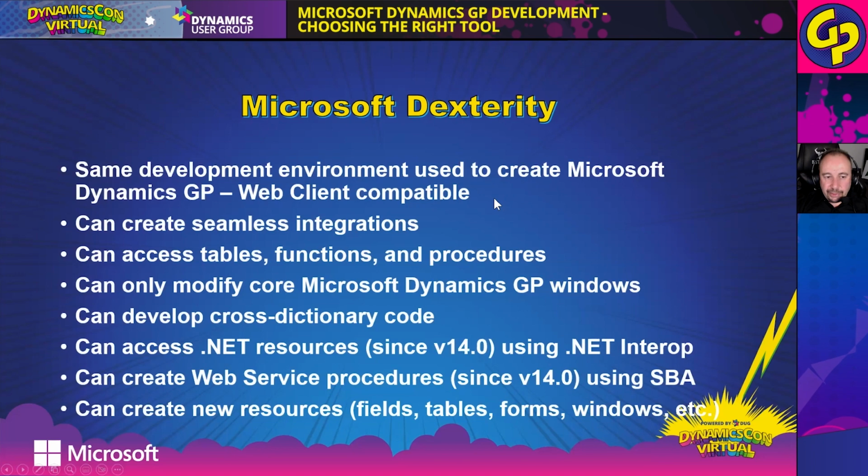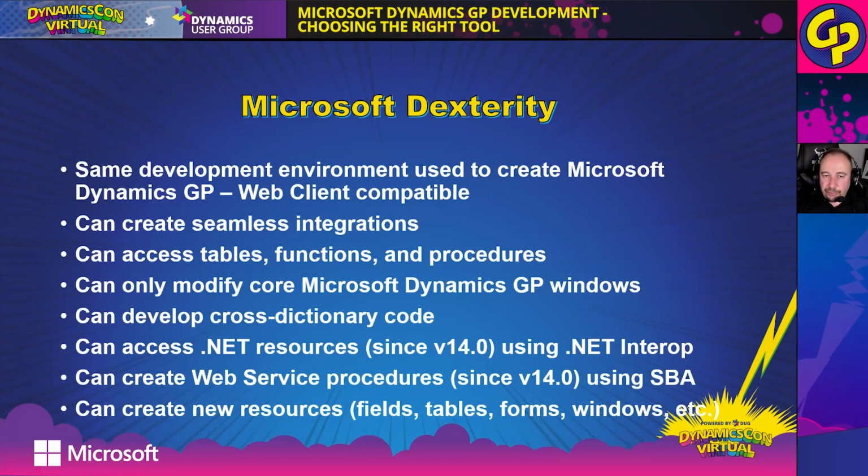You can create seamless integrations. You can access any of the existing tables, functions, procedures. You can create your own tables, functions, procedures. You can only modify core Dynamics GP windows. That is one downside. It doesn't allow you to easily modify a third-party window.